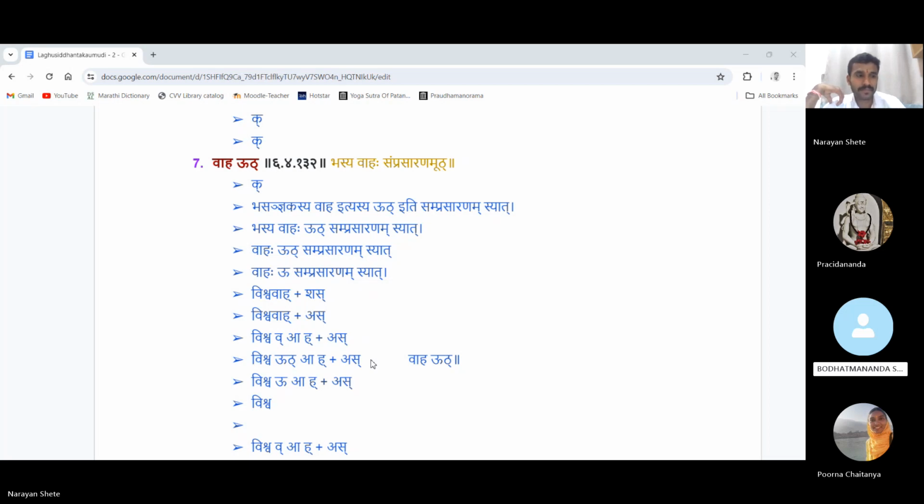Like we saw, the example was Guhu, Savarne. So Guha becomes Gudha through Nishtha Pratyaya. So Vaha will become this Udha, Samprasarana will happen. So the sutra will be for Samprasaranam. This sutra only, Swamiji.